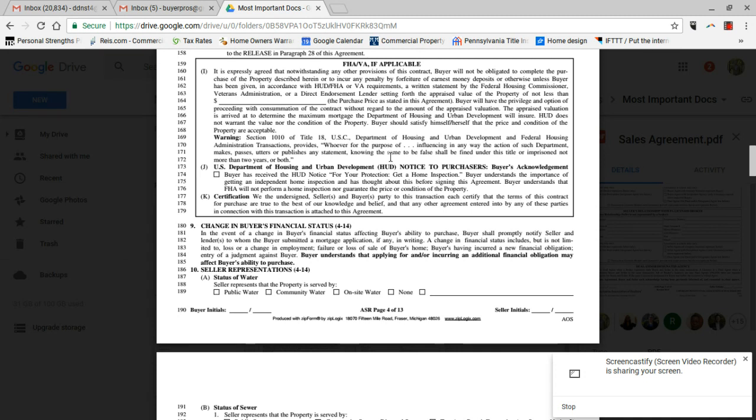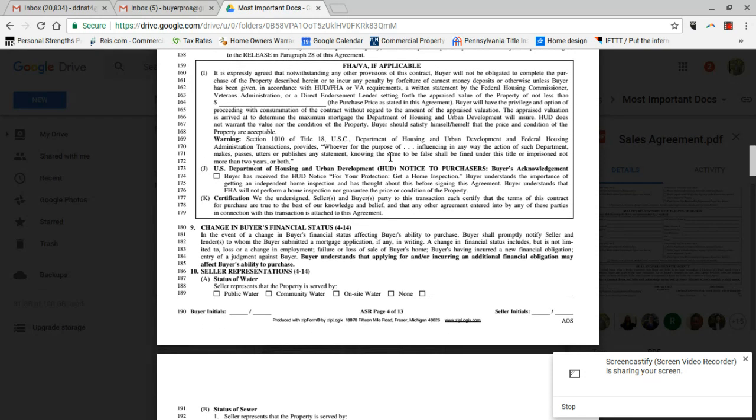I represent the seller. And if the seller wanted to terminate it, we terminated it. Her broker ended up putting them in temporary housing and paying for it. And I think they paid for the house that they bought them. Wow. So that's what kind of trouble you can get into as a buyer's agent if you're dealing with a seller like me sometimes, or my seller.